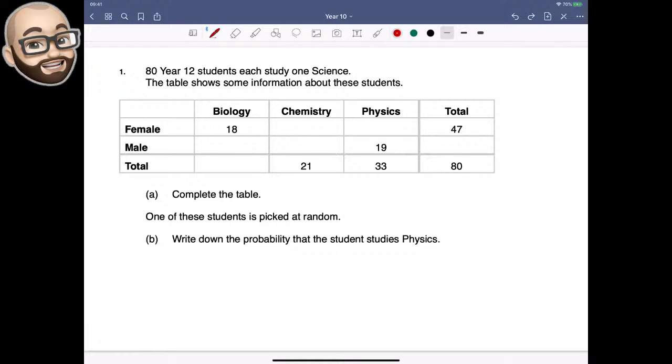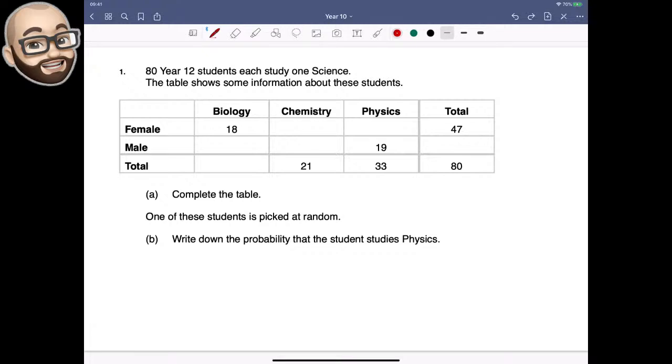You see the totals, you're looking for columns where there are 2 numbers already, or rows where there are maybe 3 numbers, to work out a missing one, and it's just a load of addition and subtraction. So you can work out straight away how many females do physics. That'll give you a number. That will then tell you how many females do chemistry. That will tell you how many males do chemistry.